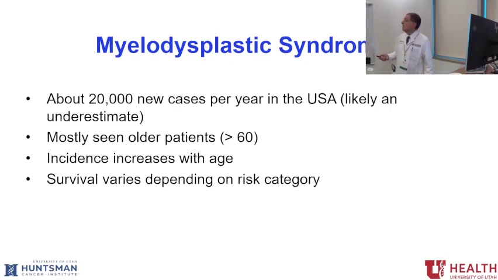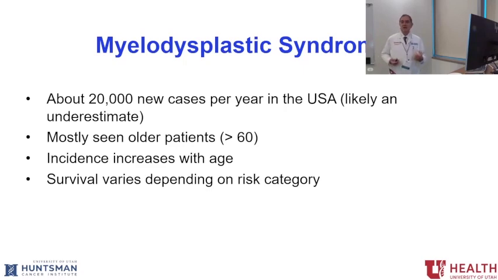And so as we grow older, there are more and more cases of MDS, which frankly makes sense if you think about it. If we live long enough, our bone marrow cells have more opportunities to develop mistakes, to develop mutations that build up over time.